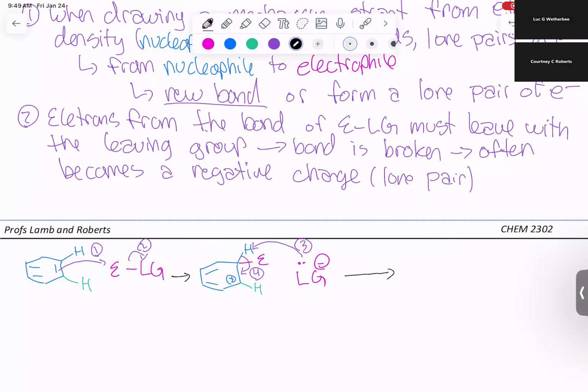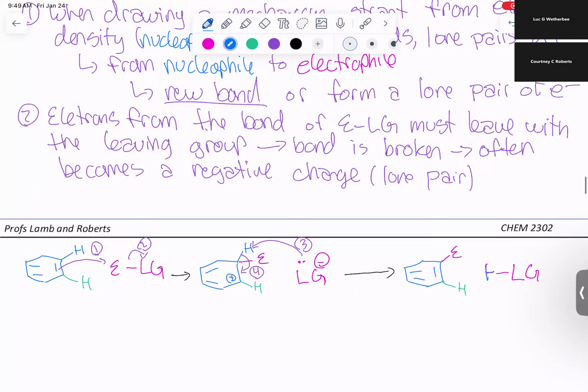That's why at the end of the day, what we get is this substitution where that blue CH is gone because it's been deprotonated. We no longer have a carbocation near the teal CH. And we have our leaving group that now has a proton with it. That leaving group has acted as a base.